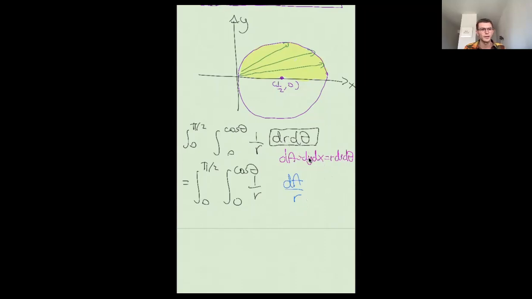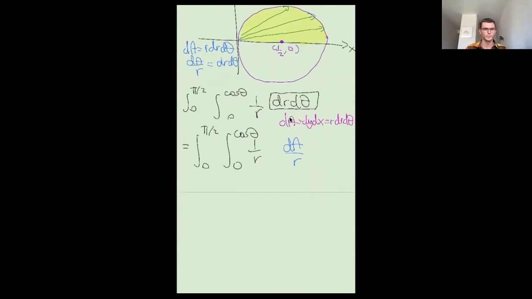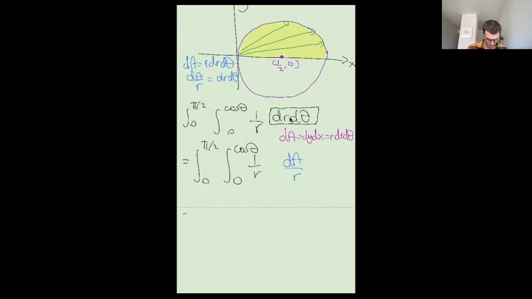In polar coordinates, dA is r dr d theta, so if you divide both sides by r, you get dA over r equals dr d theta. Maybe that's better now. So really, this is how the integral in polar coordinates could have been written.